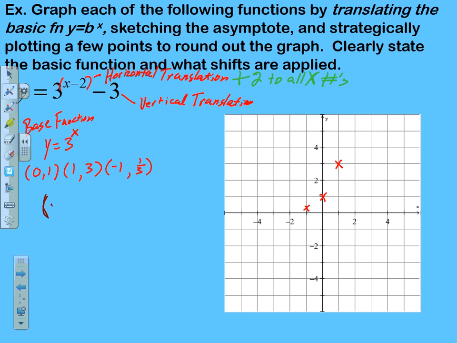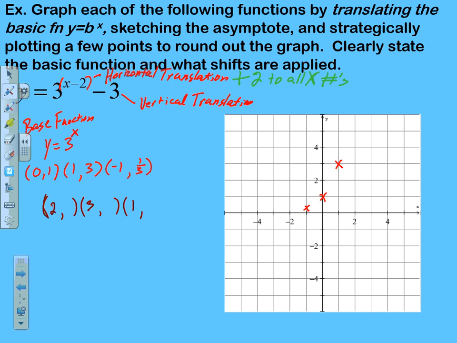So 0 plus 2 will give me an x coordinate of 2 here. 1 plus 2 will give me an x coordinate of 3 here. And -1 plus 2 will give me an x coordinate of 1 here.